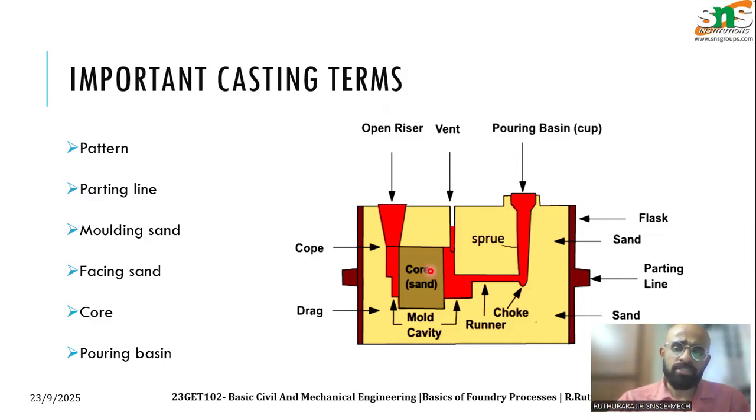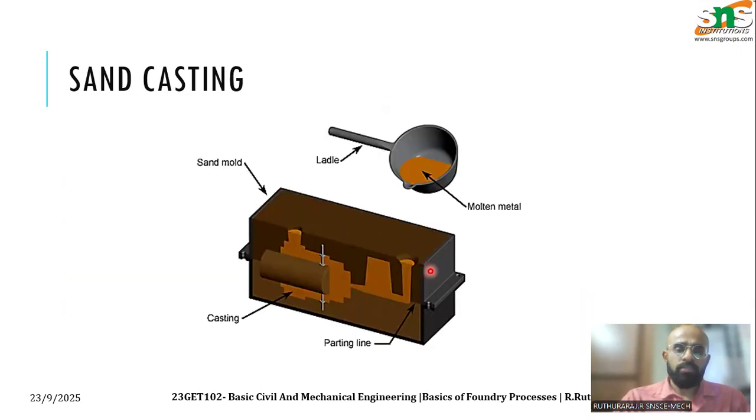The problem here is, just imagine without these other things, up to what I said, I have an object like this in the sand. But the problem with this is it is completely immersed in sand, so there is no way to pour molten metal into the actual part.